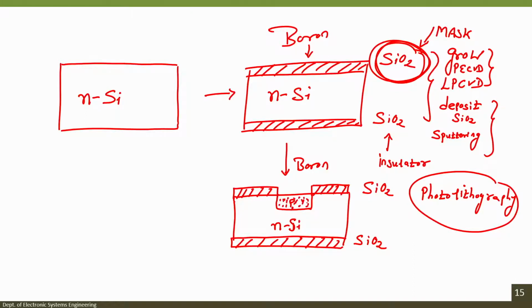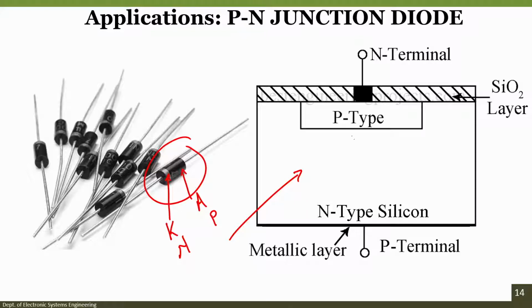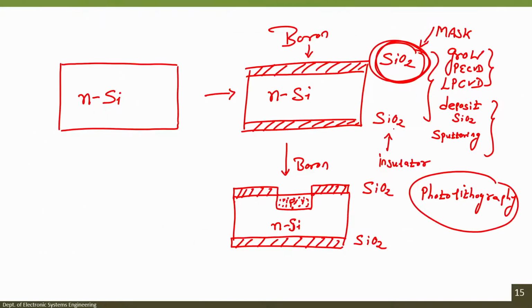If you see the schematic here, you then have to remove the silicon dioxide, because when you dope boron, it will be like this, boron will also be here like this, but we do not want boron on the surface. We only want boron in the window area, this area that we have shown.